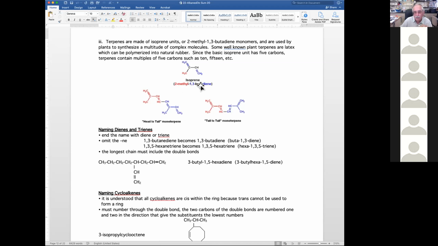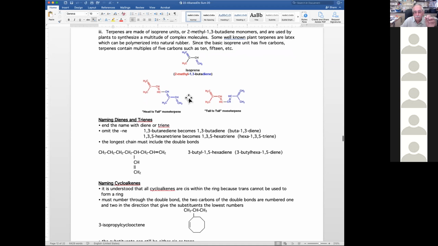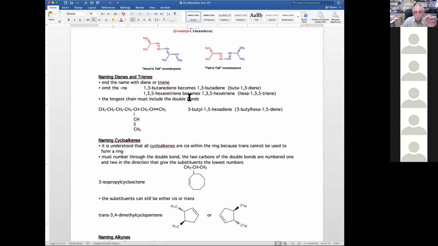Here's its systematic name, right? And just by itself, it's simply called isoprene. But if I start putting it together and building larger molecules, those larger molecules are called terpenes. That makes sense? Yeah, that does. So a diene is just any time it has two double bonds. Exactly, right. Okay.